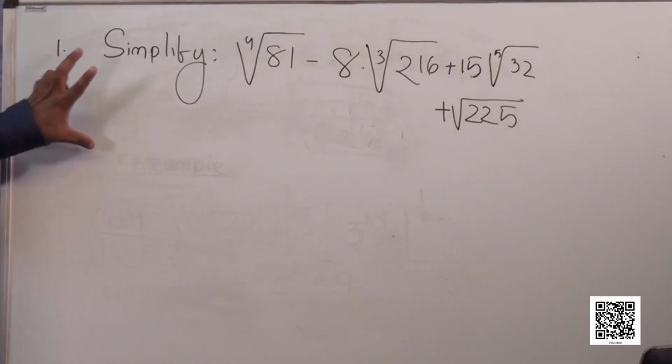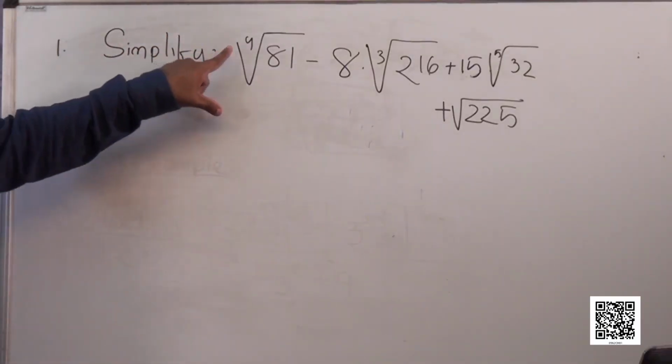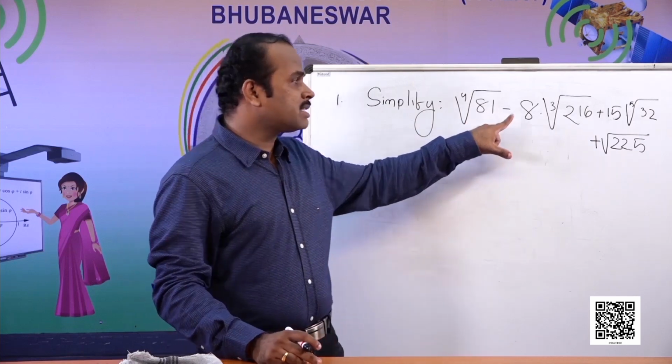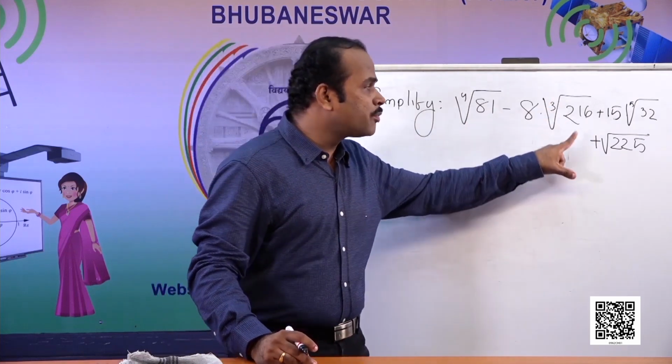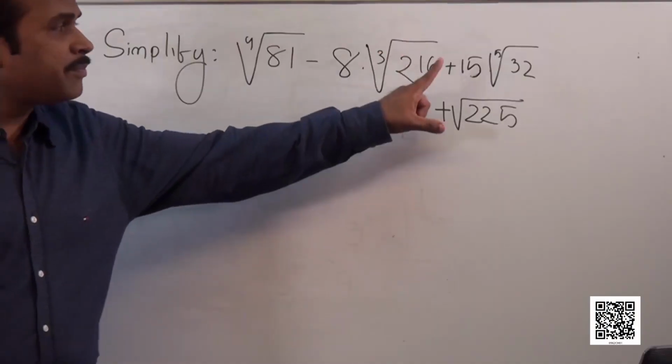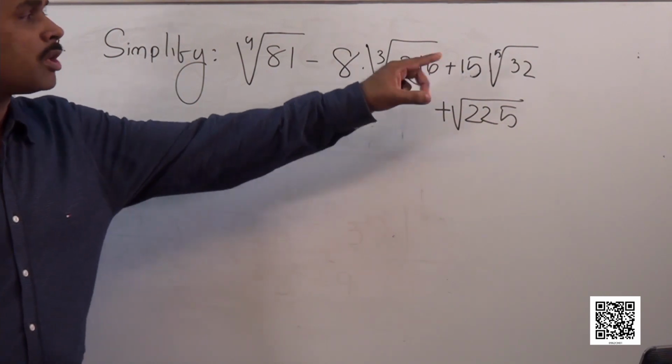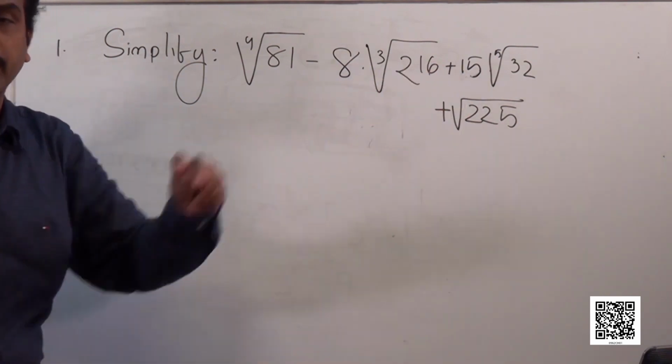Okay, so this is my expression: 4th root of 81 minus 8 into cube root of 216 plus 15 into fifth root of 32 plus square root of 225.